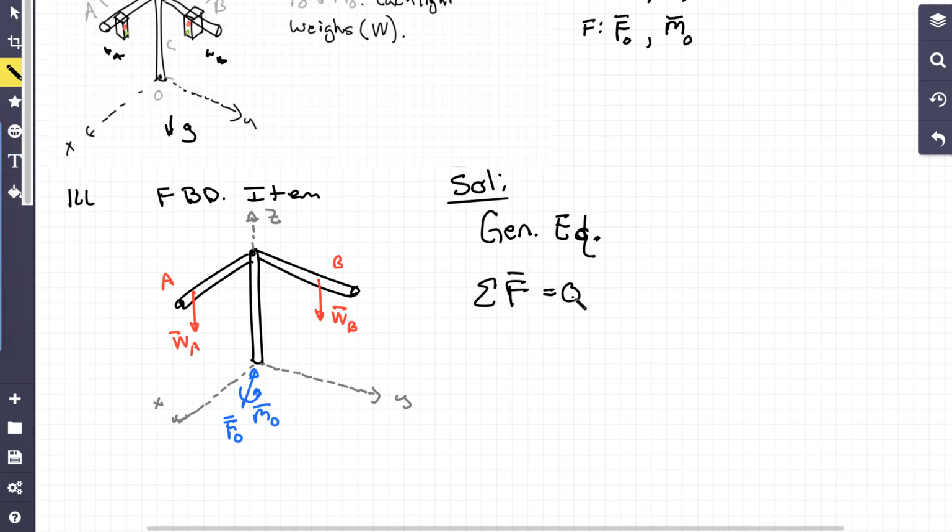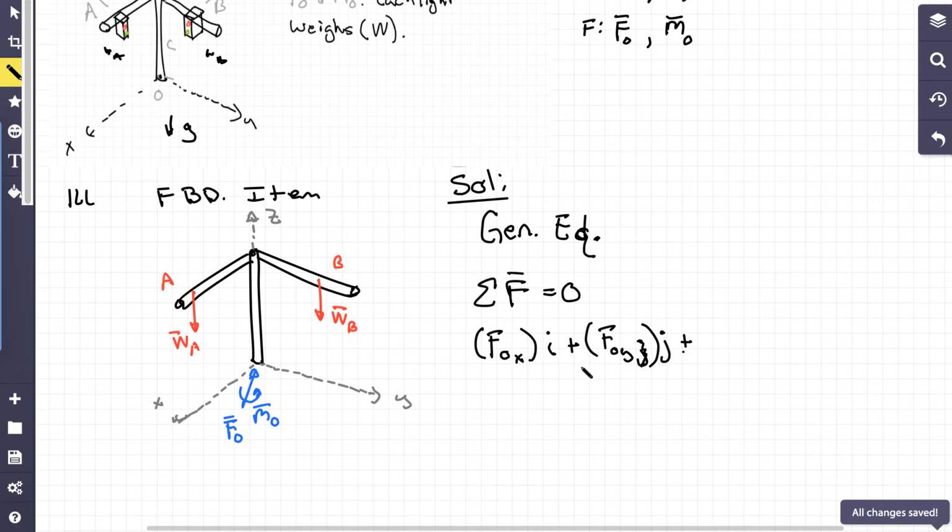That is the most general equation in statics. That one and the sum of the moment vectors is equal to 0. We can do this in 3D. So we can say that we only have one force in the i direction, Fox, plus Foy, the only thing in the j direction. Oops, I don't know why I put the j there. j goes out here.